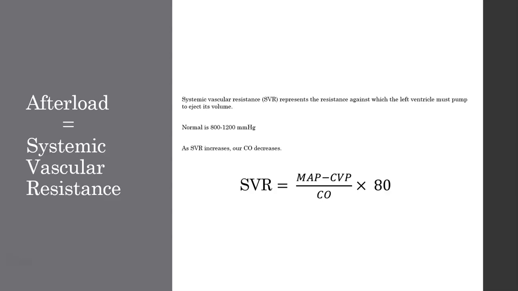So if we are having a hard time getting that blood through the left ventricle, we can see where that's going to make our cardiac output be decreased, right? And we're going to talk about cardiac output here in just a minute, so if it's not making sense, hold with me, and I think it will.